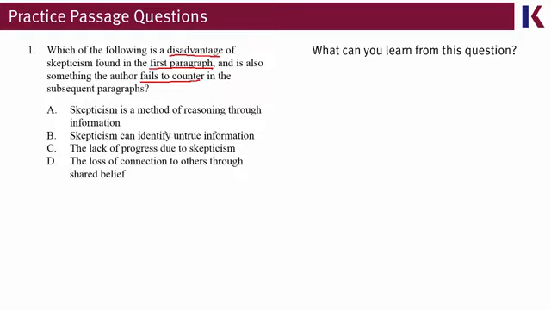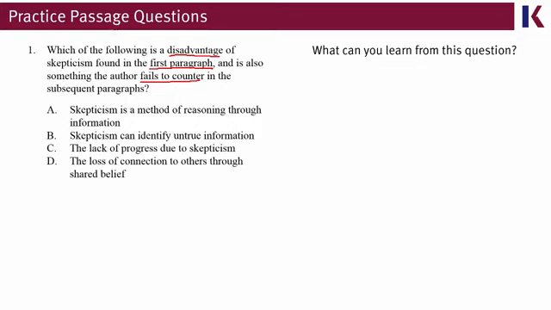So if we go back to the passage for question 2, we're going to try to answer question 2, but then we're also going to look for information that might help us on question 1. That is, we're going to look for our author countering disadvantages, because if our author counters a disadvantage in paragraph 2 or 3 or 4, then that's a disadvantage that we can rule out.